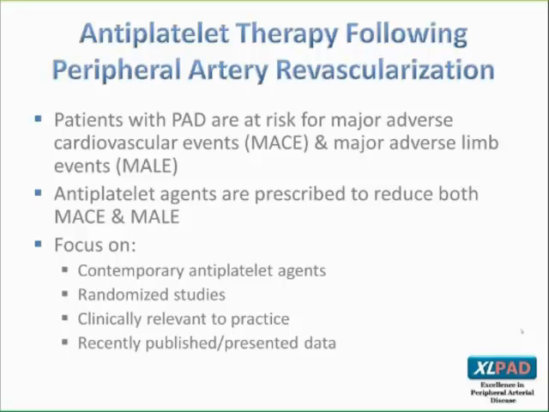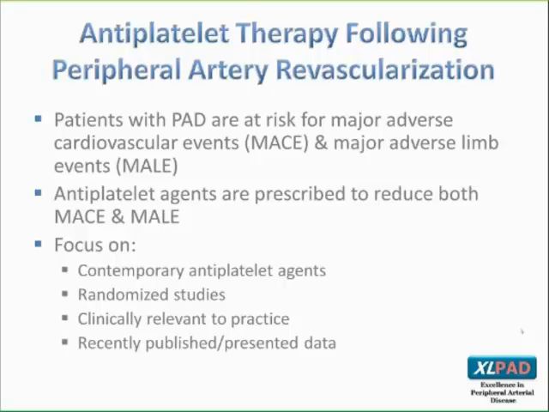So today's focus is quite narrow, and I have just highlighted 4 points based upon which I've selected the studies today. First, I have selected studies that really address contemporary antiplatelet agents that are used in our practice today. Number 2, I've tried as best as possible to remain focused on level 1 or level A evidence, or randomized clinical studies.